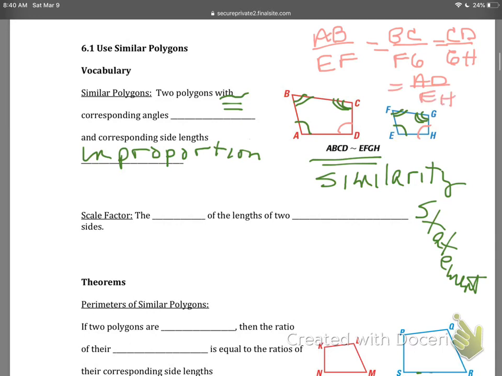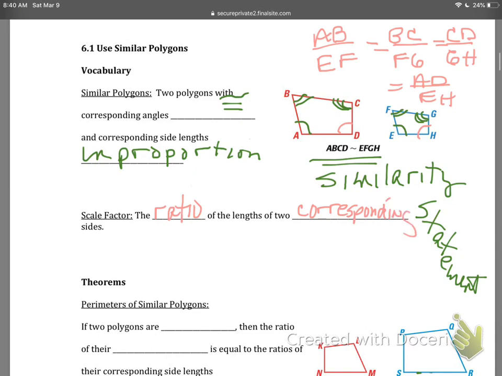So they are all in the same proportion. That proportion is called the scale factor. So the scale factor is defined as the ratio of the lengths of two corresponding sides. And you can always reduce that to the simplest fraction.